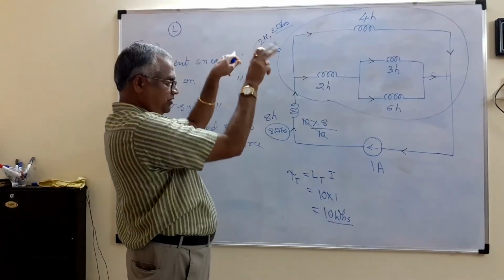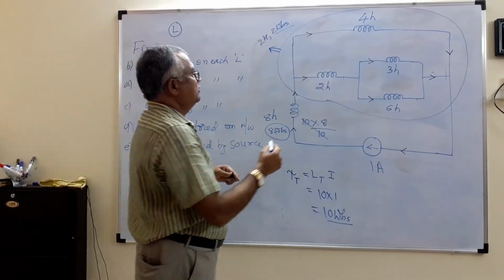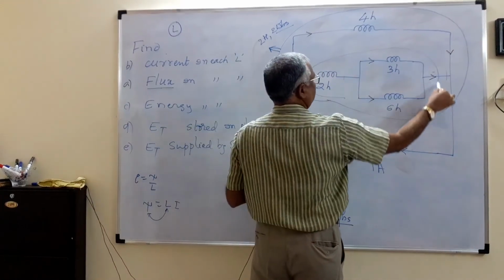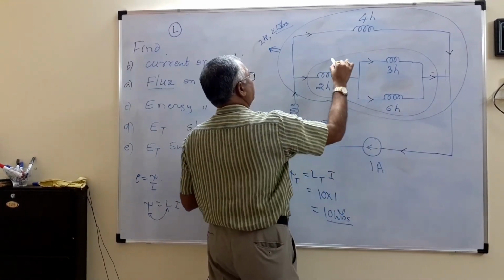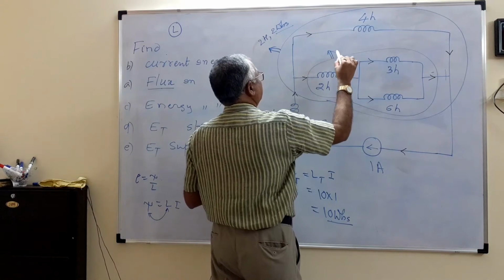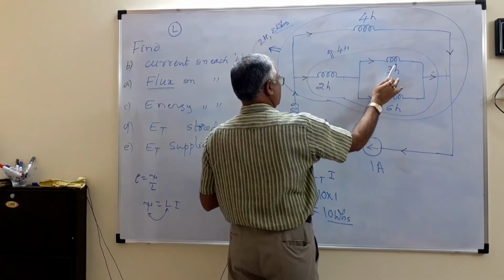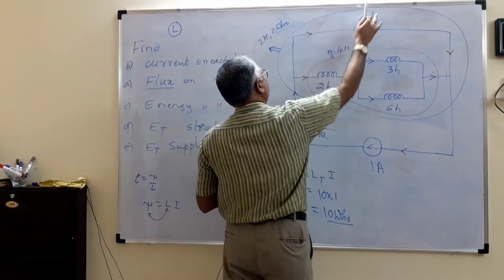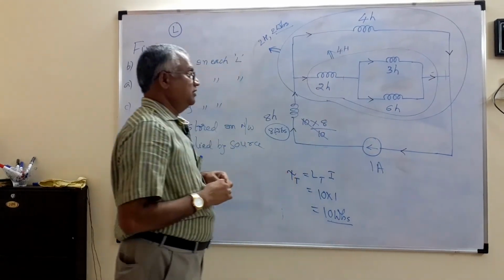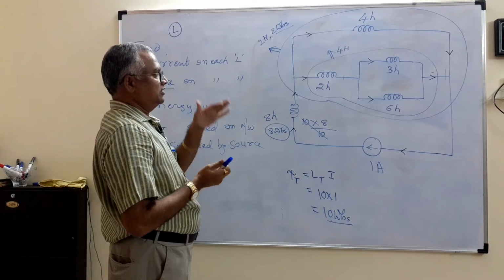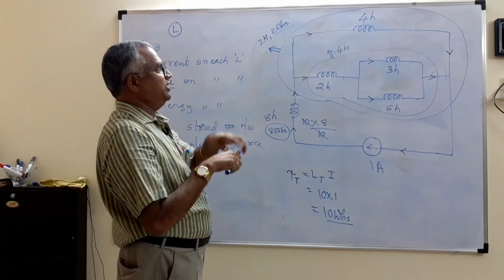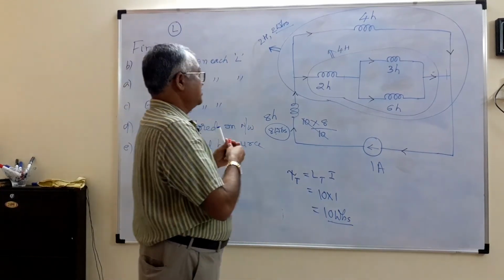Now keep your attention in that box only. What is this equivalent now? This is equivalent to 4 Henry. 3, 6 parallel is 2, 2 plus 2, 4. 4, 4 parallel. In parallel, what is dividing? Current divides, but flux remains same.